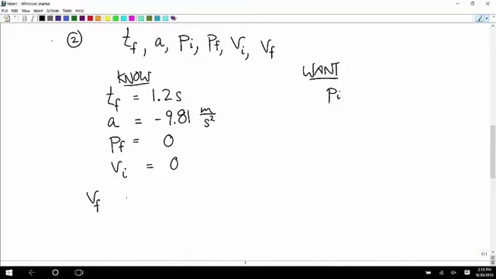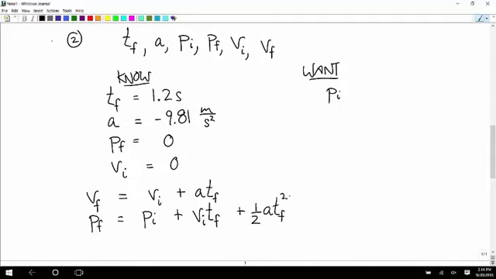So here are the 3 equations. V final is equal to V initial plus A T F. The second one says P F is equal to P I plus V I T F plus 1/2 A T F squared.